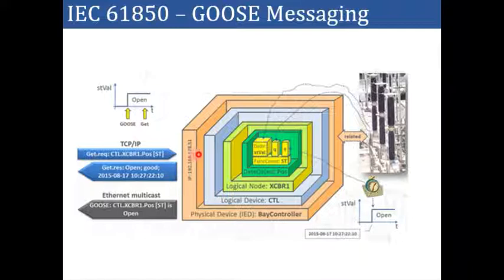So when you send this command to the logical device, the return which you will get is the response, and the response is open. Open means the attribute value, and then Q, that is quality, is good, and then the time at which the GOOSE message was generated or at which the status was changed.